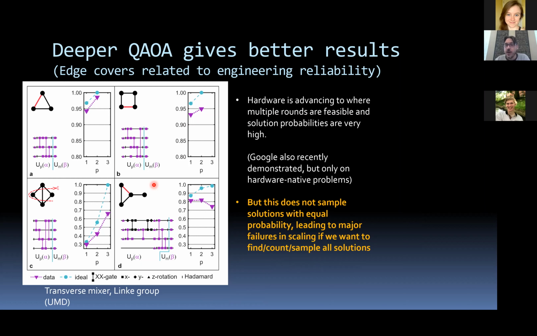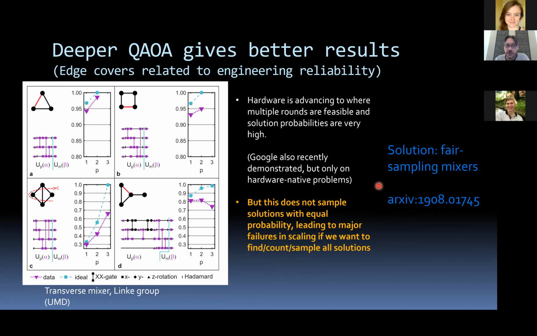So we worked theoretically, and we showed in this paper I'm referencing here that there is an algorithm to sample all the solutions equally. And once you think about the problem a little bit, it's not a particularly surprising algorithm, but it's nevertheless important to work out, and others have since rediscovered this. But the downside of this algorithm is that on current hardware, it requires much more complicated gates, in particular what I'm calling the mixer.